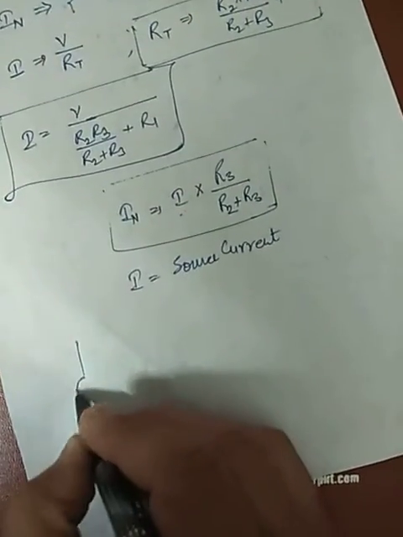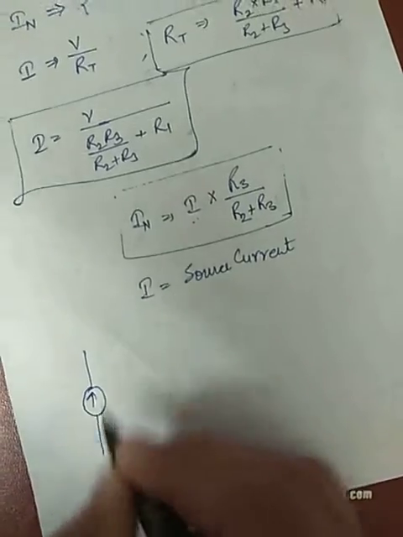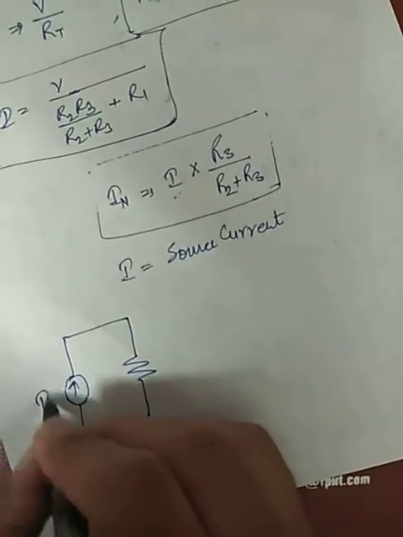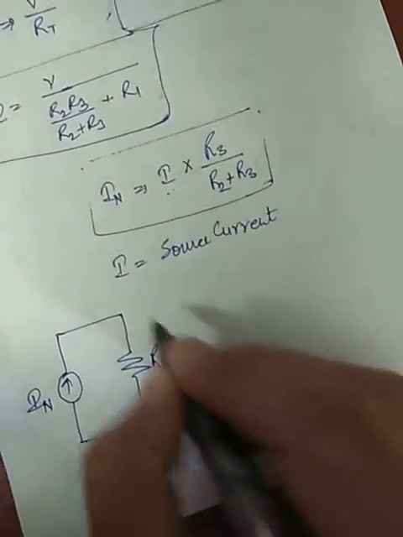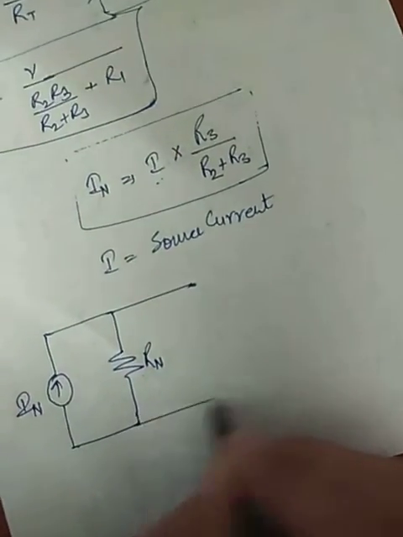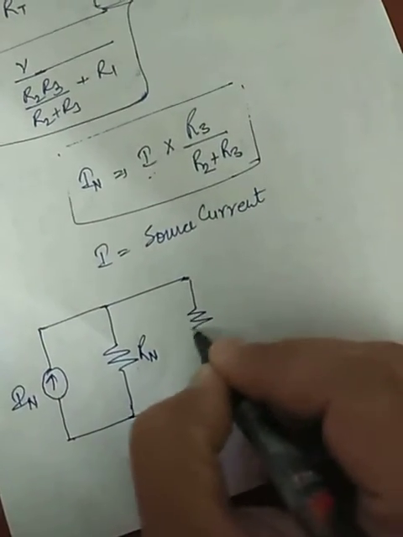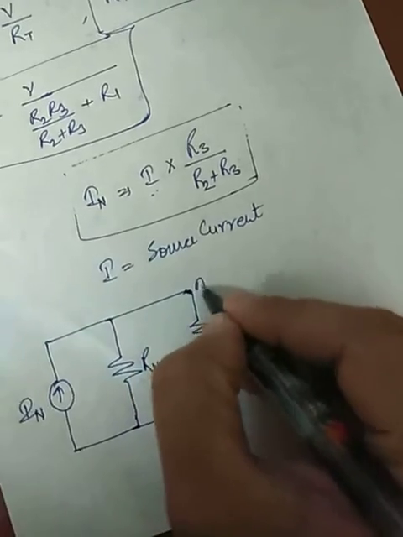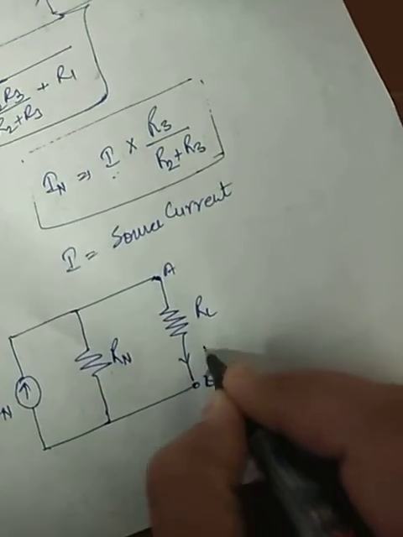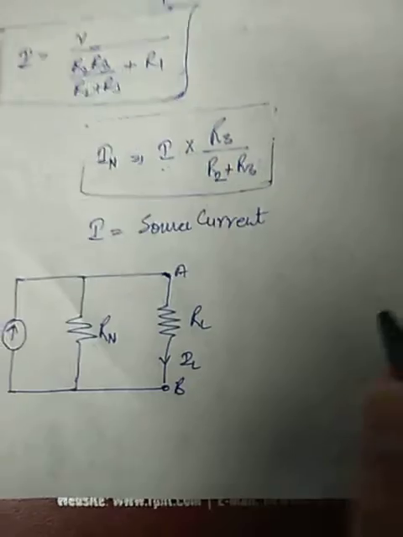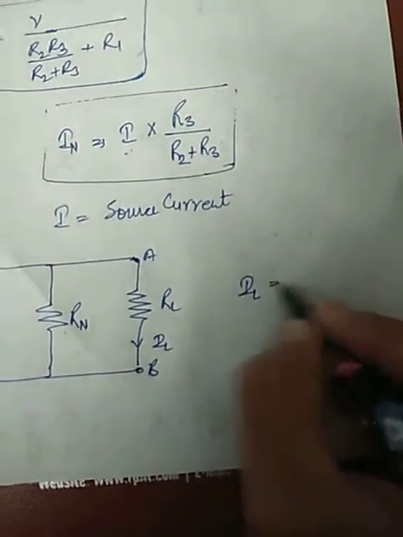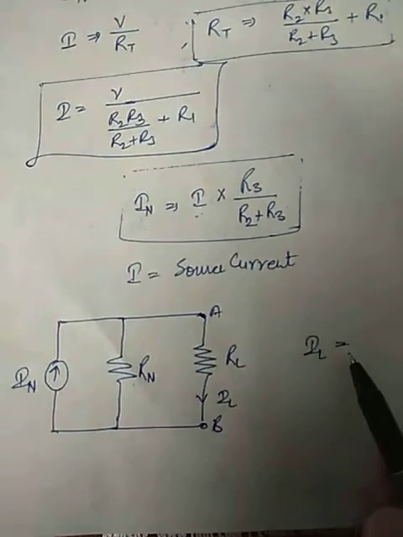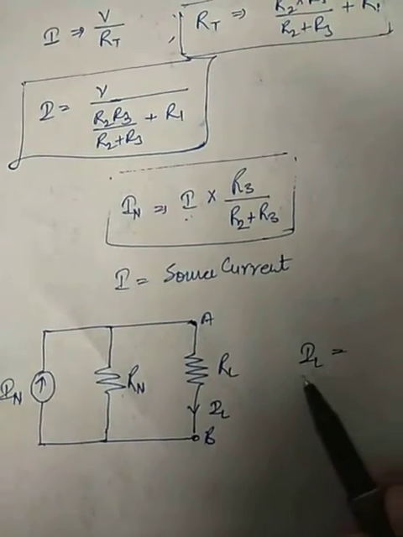So IN and RN, and again we will connect the value of the load resistance between terminals A and B, and through this we will calculate the load current very easily. Here too, with the help of the current divider rule, we can calculate the value of the load current.